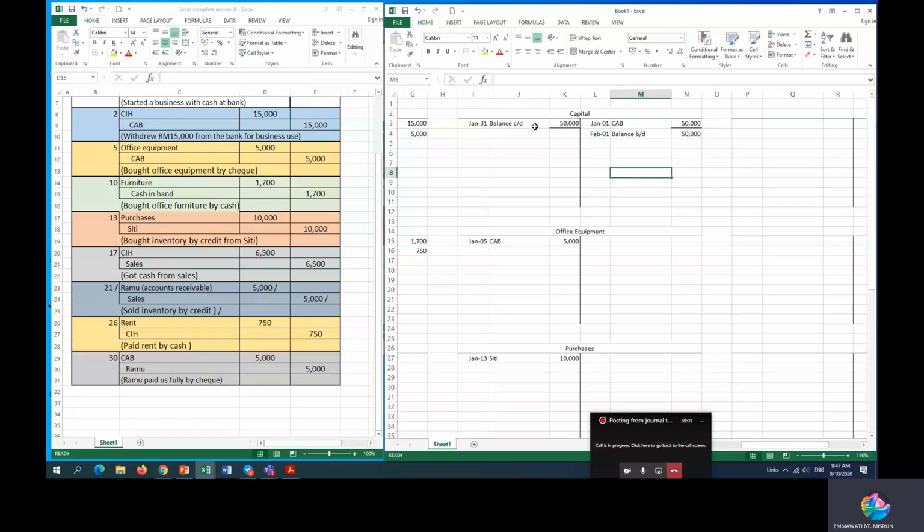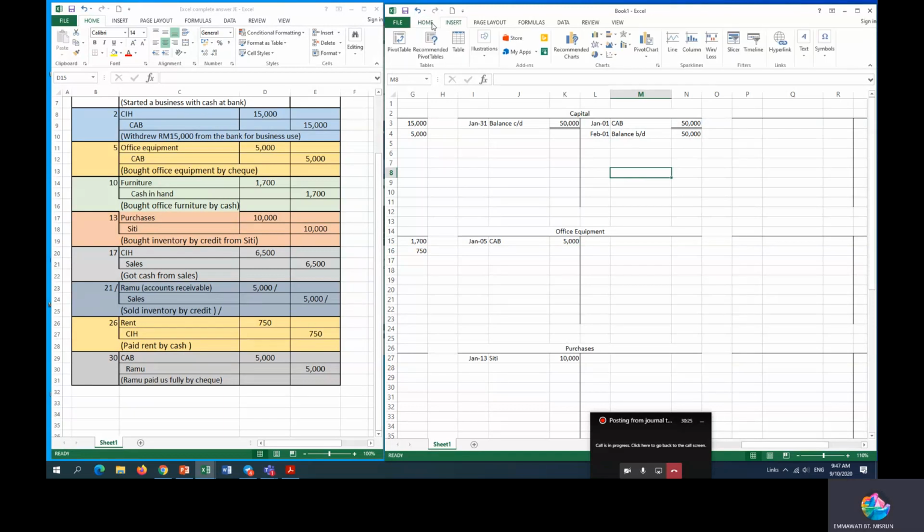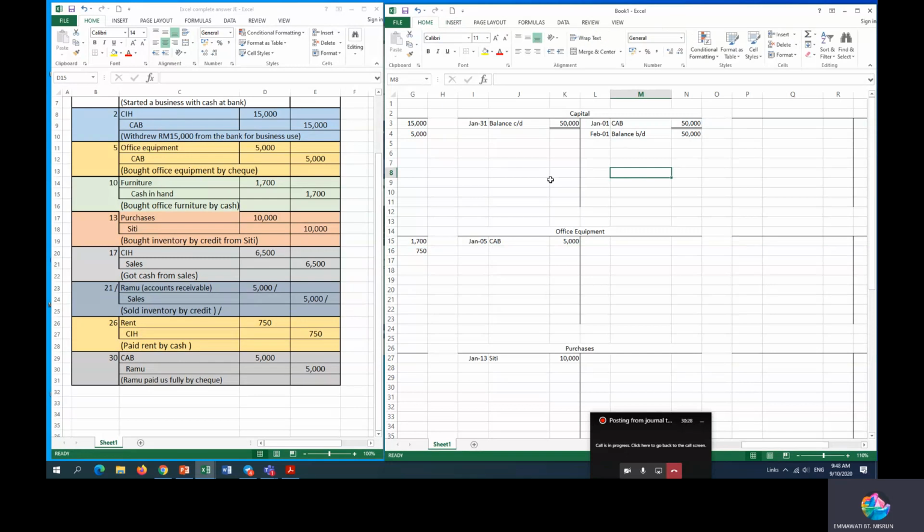If you have your balance C/D at the end of January 31st on the debit side, then on the following month, February 1st, the first day of the following month, you will rename it into balance B/D by the same amount of 50,000. All right. So this is how we do the closing for the capital account.